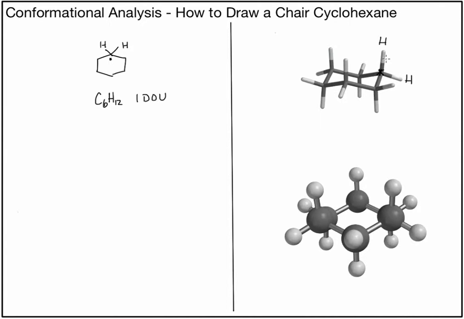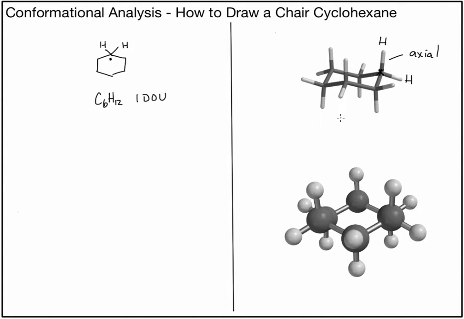So we classify bonds in cyclohexane as either axial. Axial bonds are up and down, if you want to think of them that way. So this is an axial bond. Each cyclohexane has 6 axial bonds, so we can think of them as 3 on the top face of the molecule and 3 on the bottom face of the molecule.